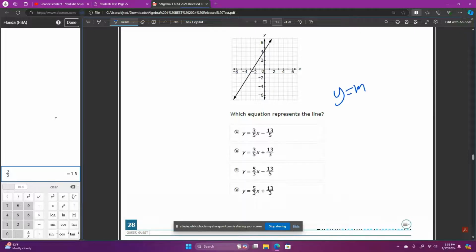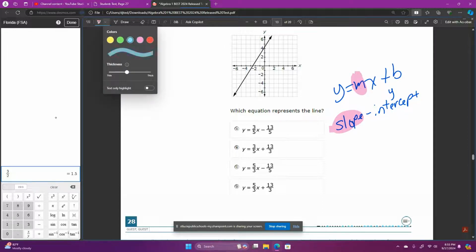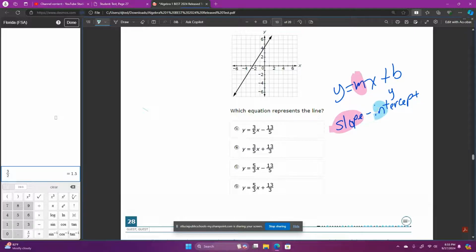Y equals mx plus b, which is a particular type of a linear equation, which is the slope intercept form, where it gives you your y-intercept. And slope is the letter M, and your y-intercept is letter B.